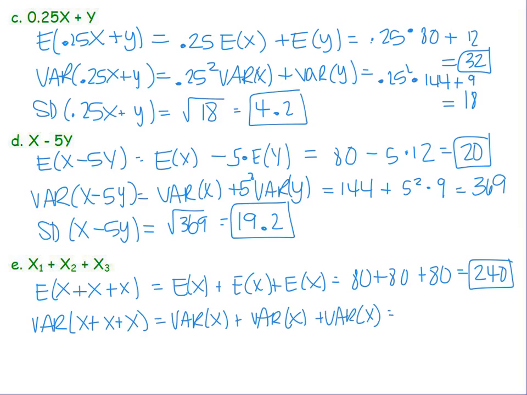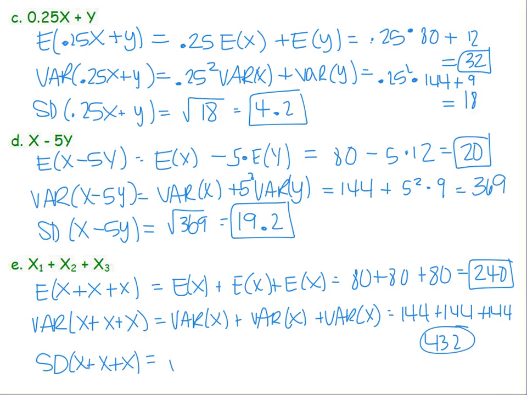The variance for x was 144 plus 144 plus 144, which comes out to be 432. And finally, we need that because we need the standard deviation of x plus x plus x. And the square root of 432 comes out to be 20.8.